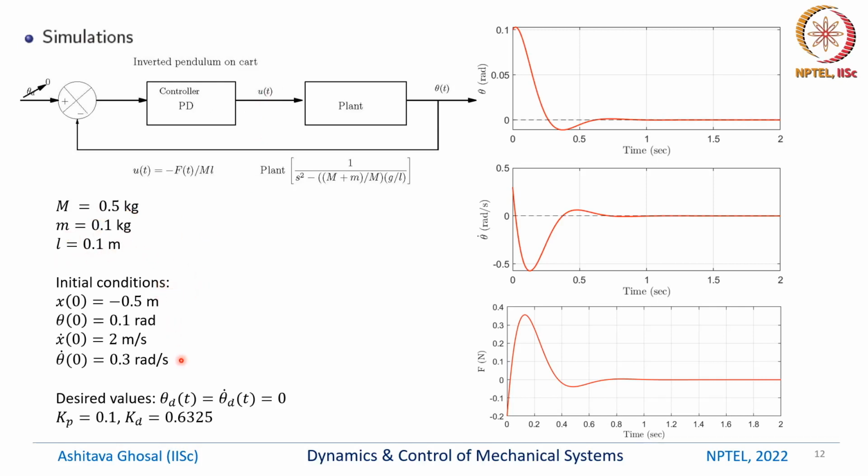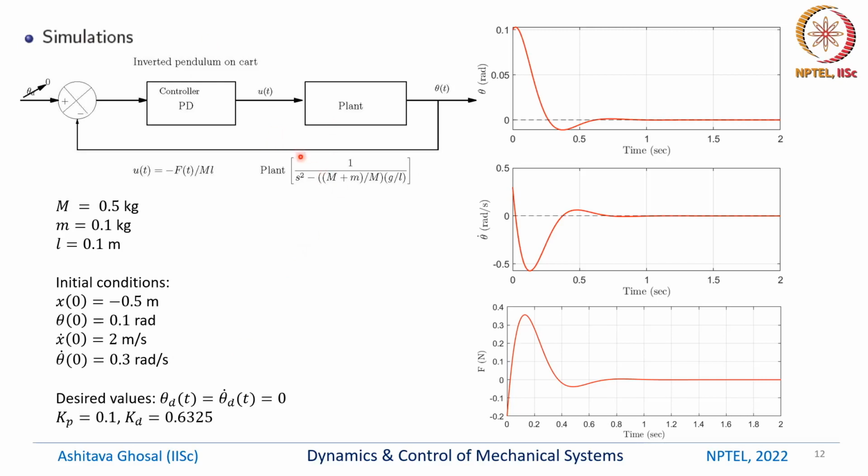And some initial conditions: x(0) is minus 0.5 meters, theta(0) is 0.1 radians, x dot is 2 meters per second, theta dot(0) is 0.3 radians per second. We use these initial conditions in the original ordinary differential equations, and then we solve for it.